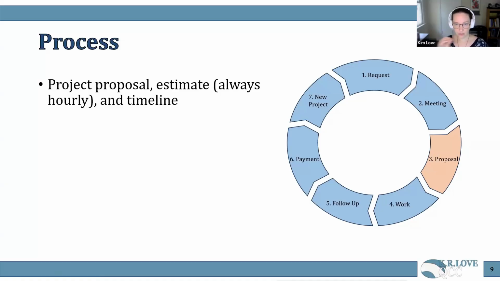It says, this is what I'm going to do with your data. I can talk more about estimates if people have questions about it, but I do always give hourly estimates. I just find that helps me retain a little more control over what happens during the course of the project. And of course, having a timeline, basically a deadline, is a huge part of making sure that my client gets what they need from this collaboration.